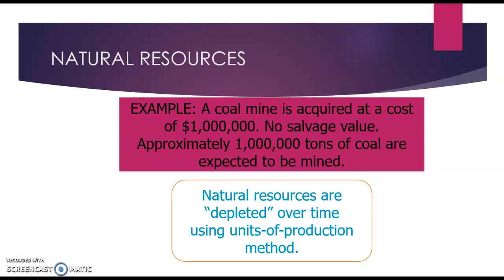So we have to guess that ahead of time. And again, before we paid $1 million for this coal mine, we would have had some pretty good idea about how much we were going to be able to get out of there. And so in this case, for this example, we determined that we could mine 1 million tons of coal out of that piece of land.